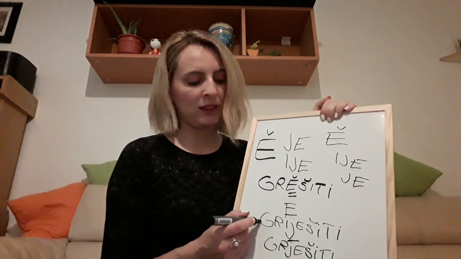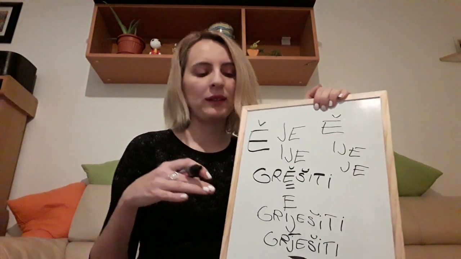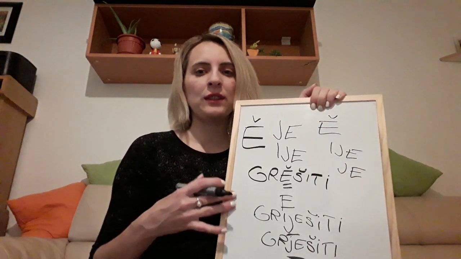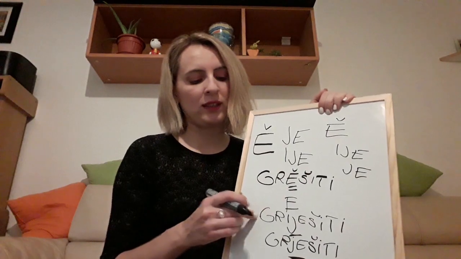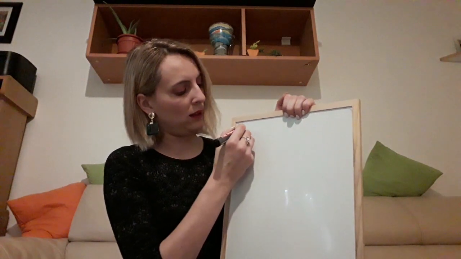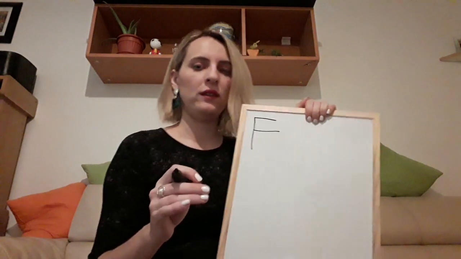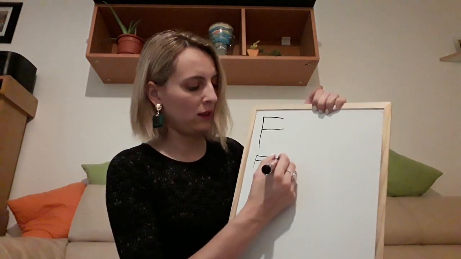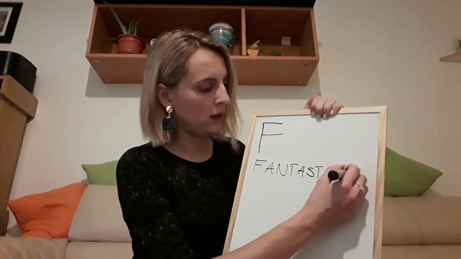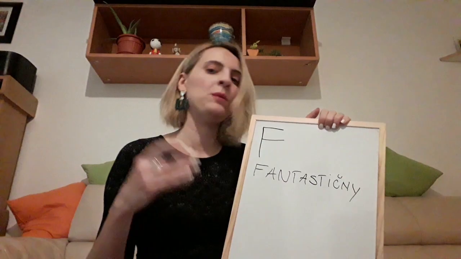I know we haven't learned this letter yet, so when you are learning these letters of the alphabet, you will probably need to watch this video a few times if you don't know them, so you can know, okay, G is this and it is pronounced like G. And we have another letter, this F, and it is pronounced like F. We have a word, fantastični, and it is F, fantastični, and it means fantastic.